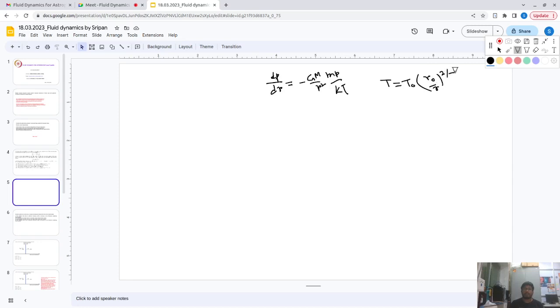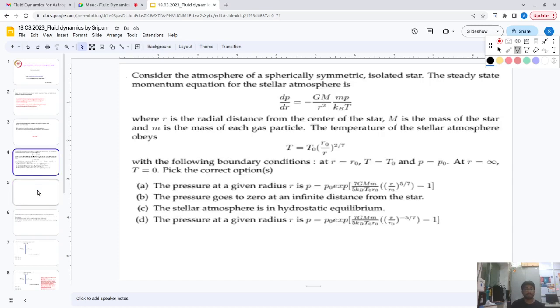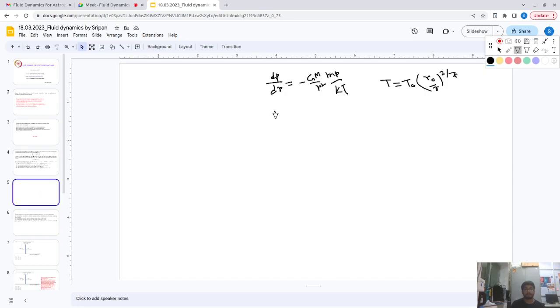So what you need to do is the pressure term, right? So you have dP by P equals minus GM m_p by r squared, and then 1 by kT.